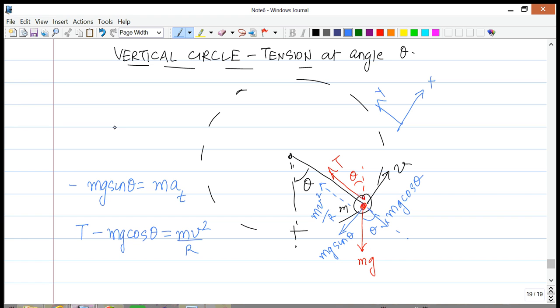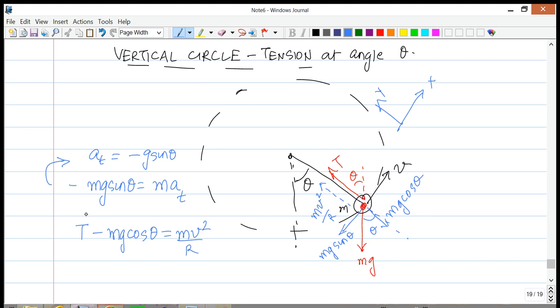This equation for the tangential force ends up giving us that the tangential acceleration is equal to negative g times sine theta. And it makes sense, because g sine theta is acting in the direction opposite the velocity, so it is slowing it down, and that's what we expect. As it's going up, we expect the object to slow down.